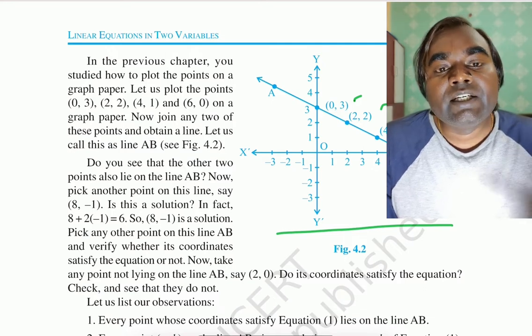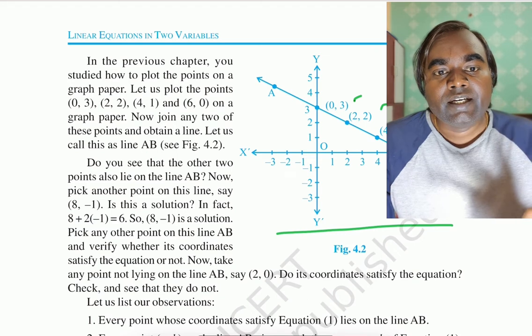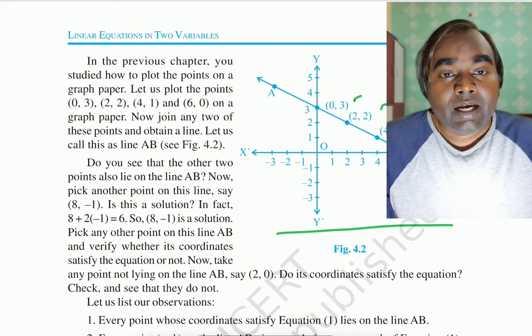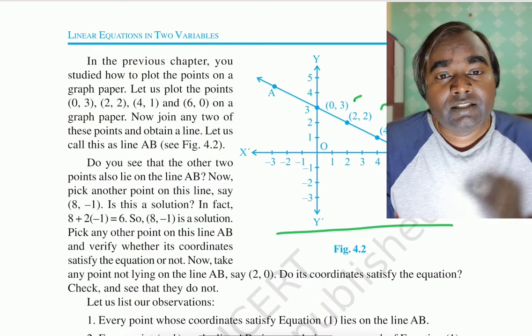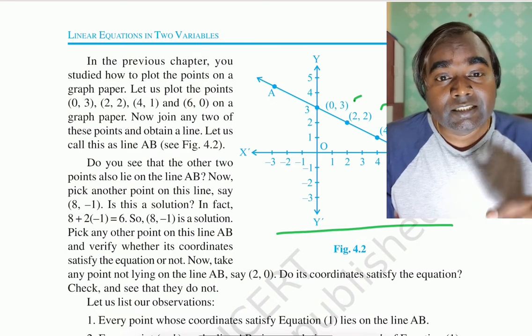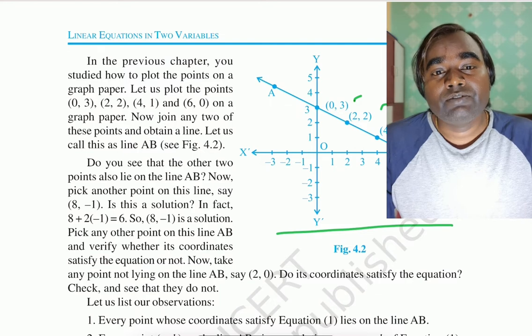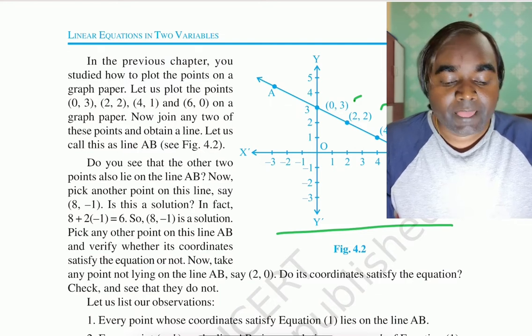There are four solutions, and if you join these points you will get a line. By joining any two points you can get a line. It is very important to note that any point lying on this line gives a solution of this linear equation.